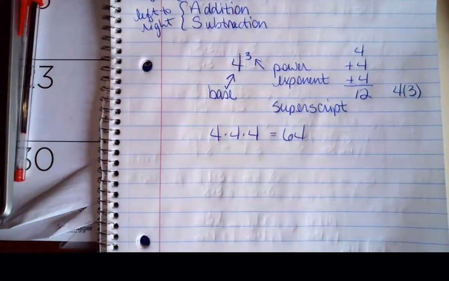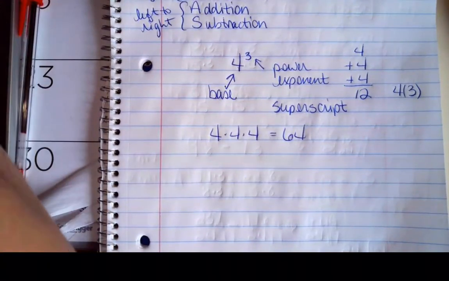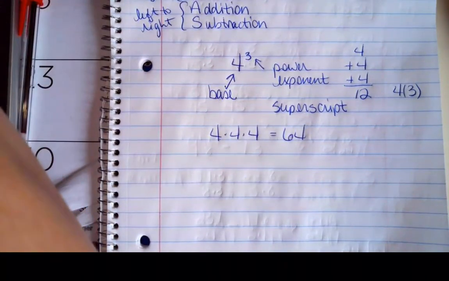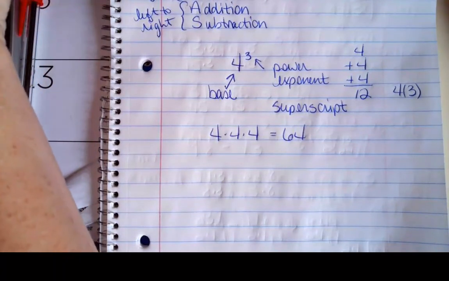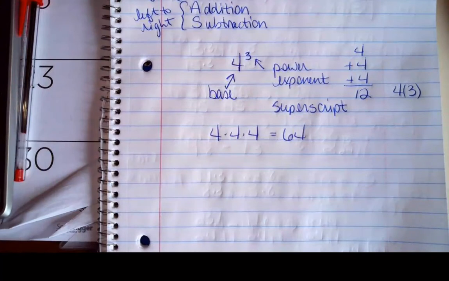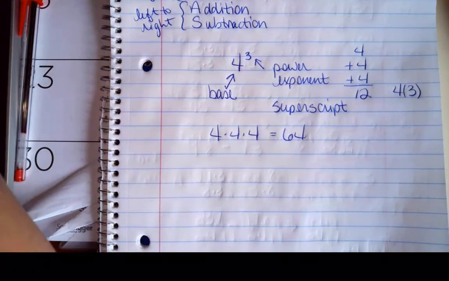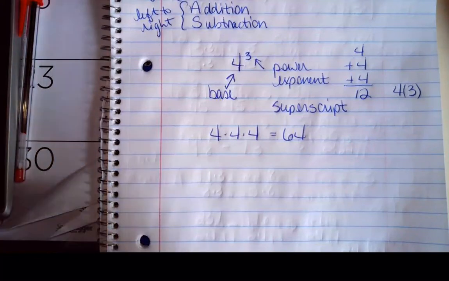So I'm just going to give you a few examples as we work through. And I always want to kind of give you a heads up in case you run into something weird. So we already know what an exponent is, and we know how to identify it, and we already know how to work it out.